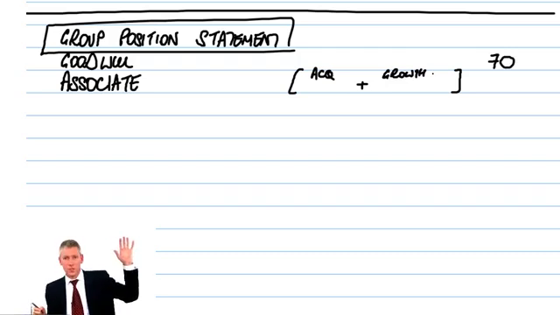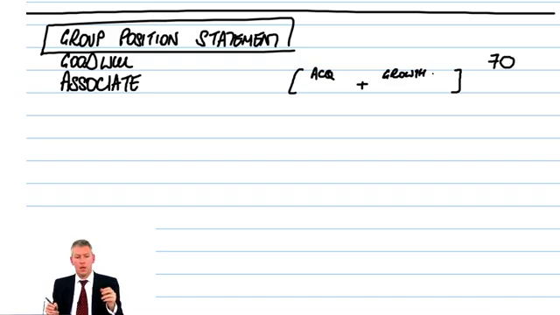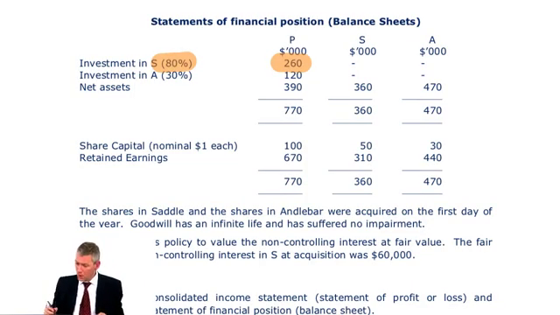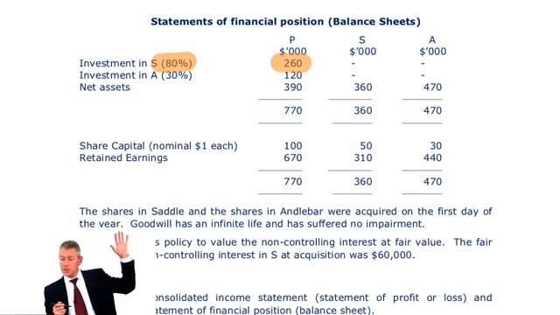It says acquisition plus growth. And we now need to find out what the associate was worth at the year start when we bought the 30%, which brings us back to the question. Can you see the 260 I've got highlighted over my shoulder? That figure froze 12 months ago at acquisition.